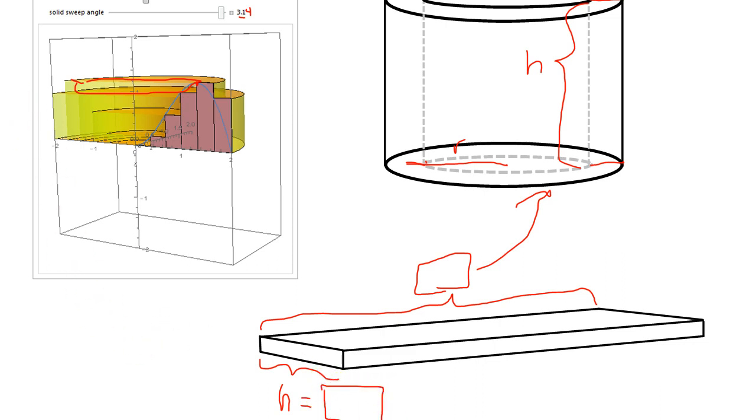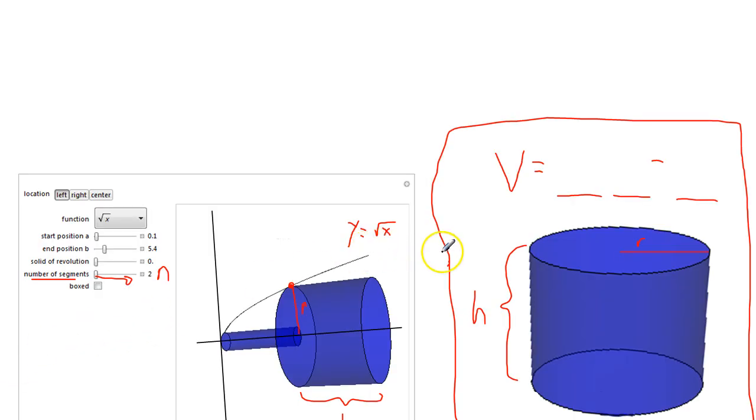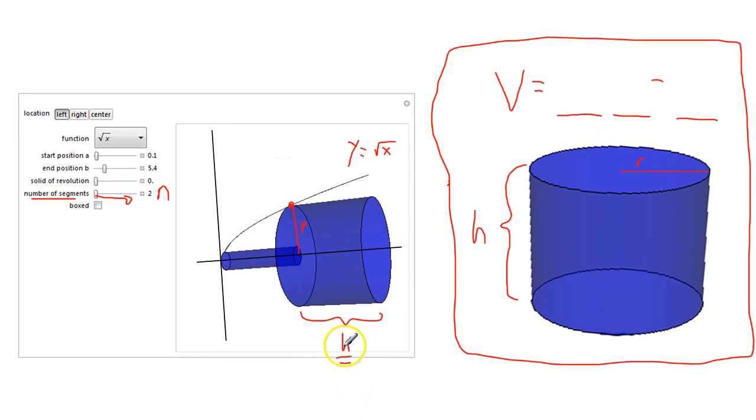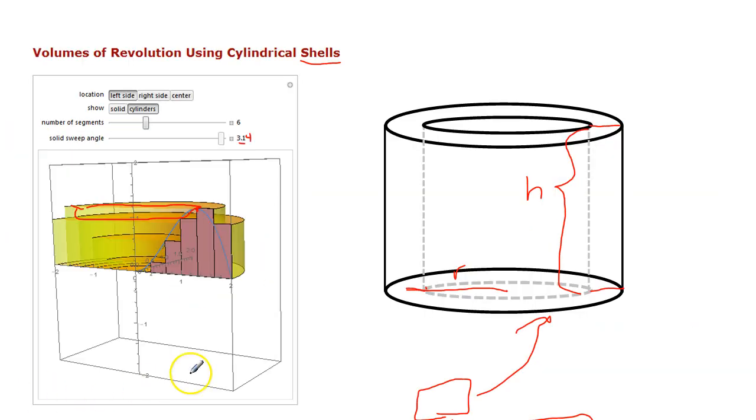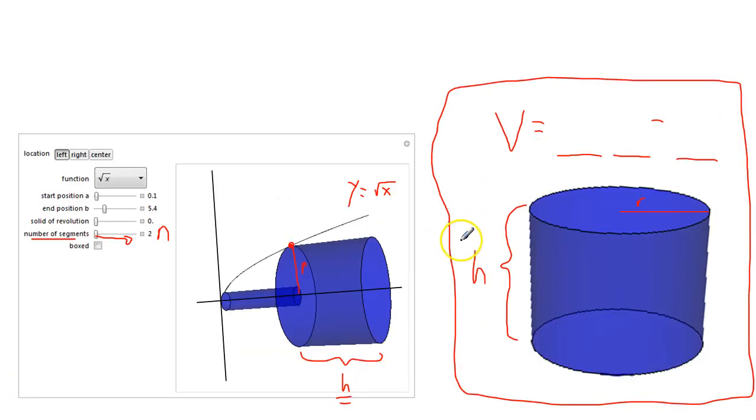And if you look back on the last slide, what's representing the height here, the width of this disc, and what's representing the radius, it's different this time. What's representing the radius in this case from here to here, and what's representing the height is different than it was with the disk method.